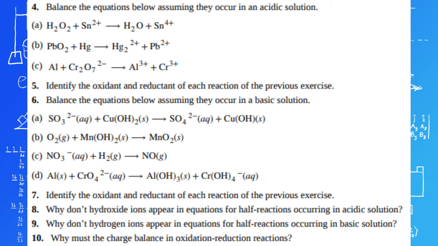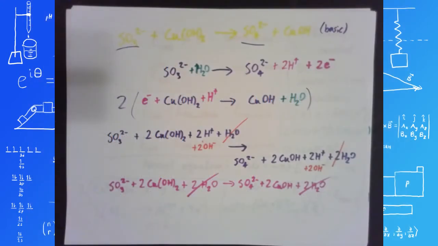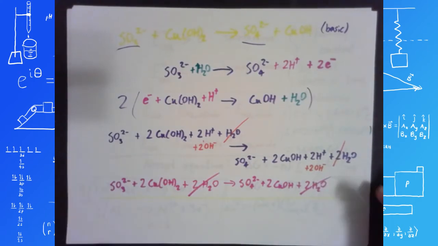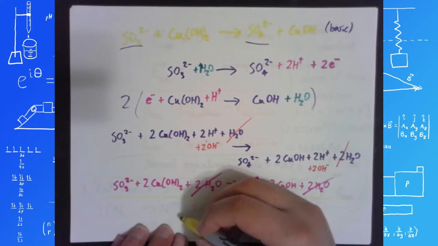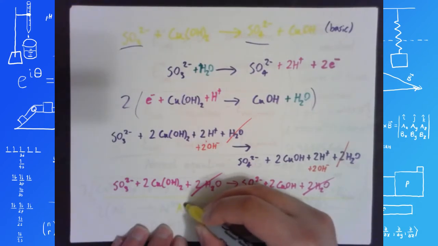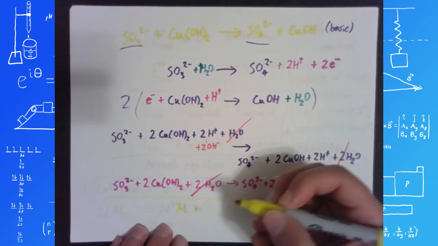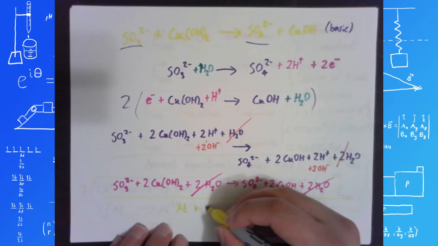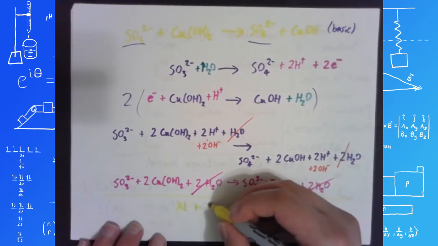You can't have something like, say, aluminum and, let's do, I don't know, zinc.